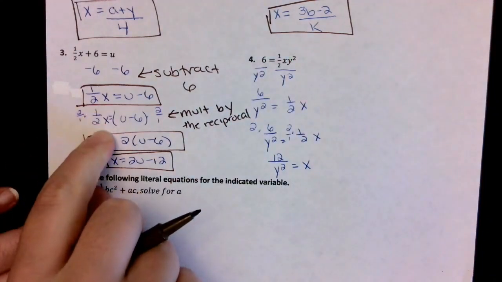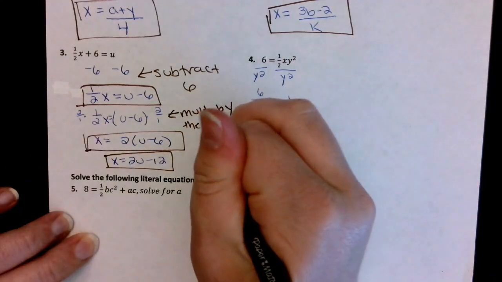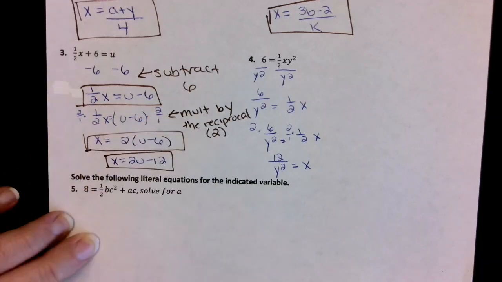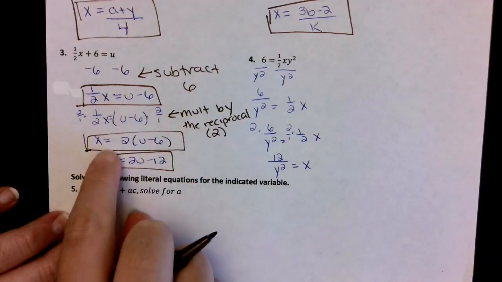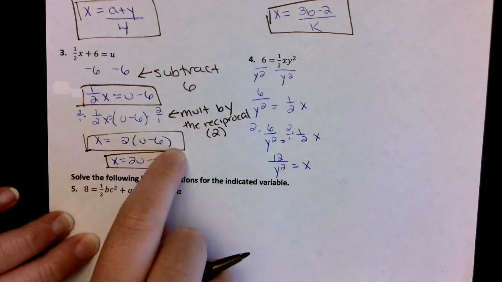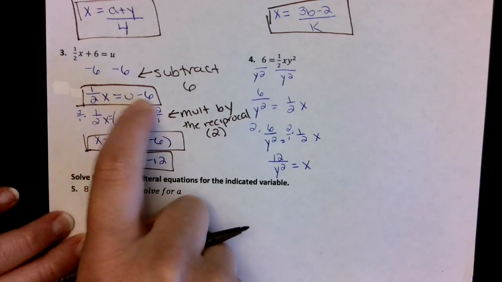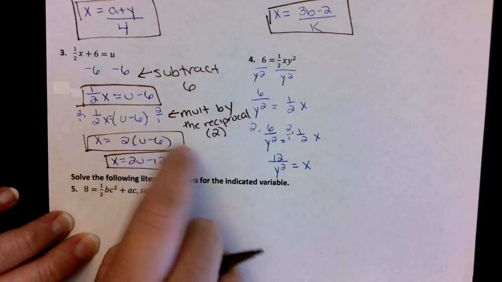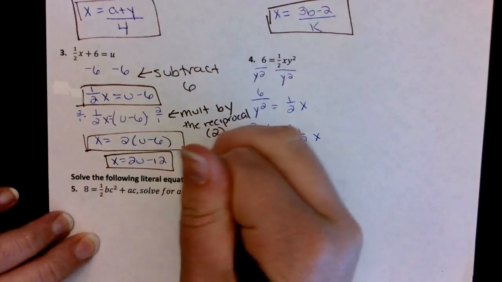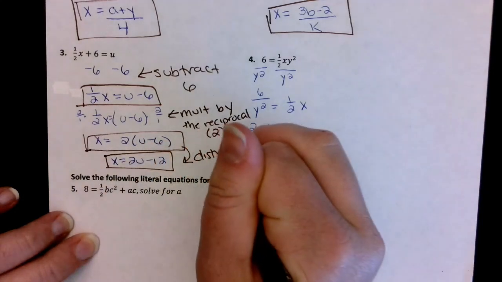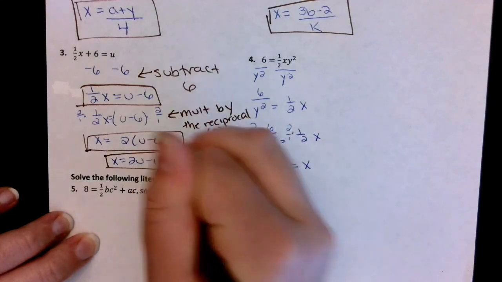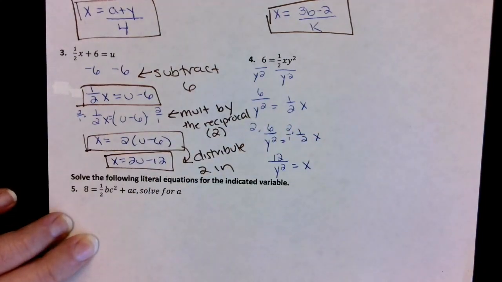And the reciprocal of 1/2 was 2, so the reciprocal here is 2. Multiply both sides by 2. I have x equals 2 times u minus 6 because I multiplied everything on the right-hand side by 2, which was u minus 6. And then I can take it a step further here and distribute the 2 in. It's not necessary, but in case you see that step.